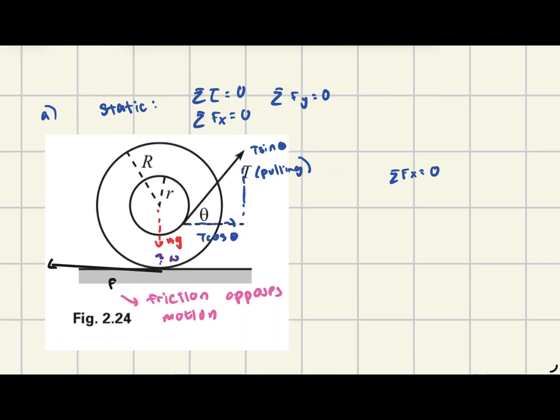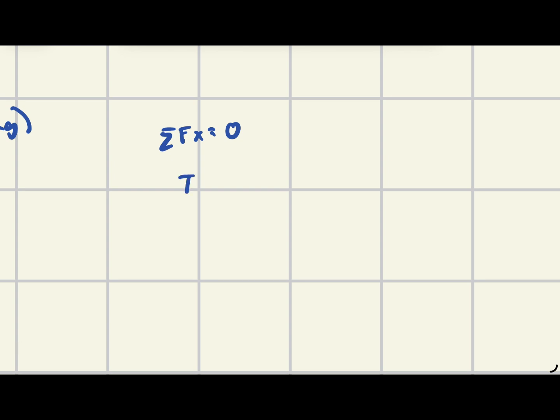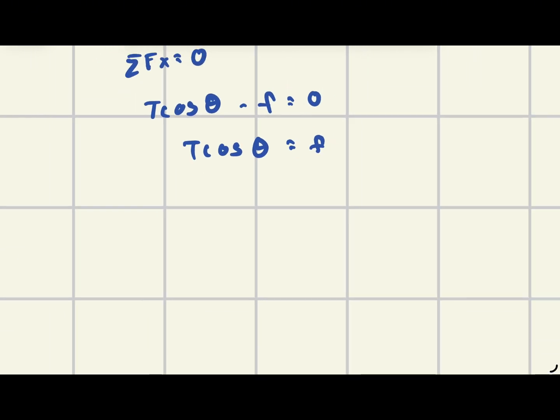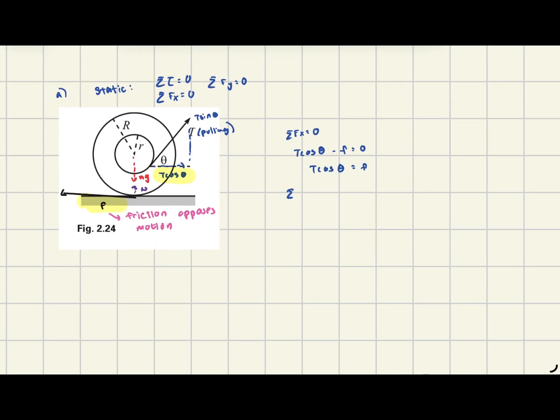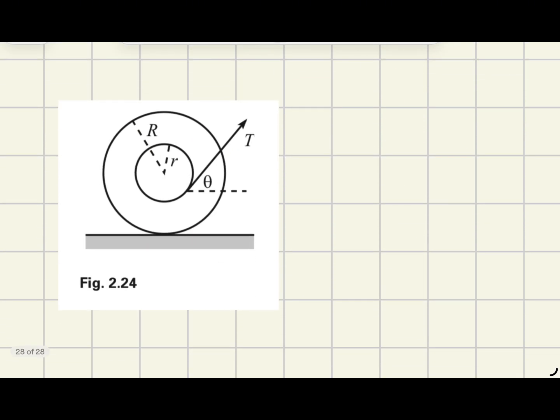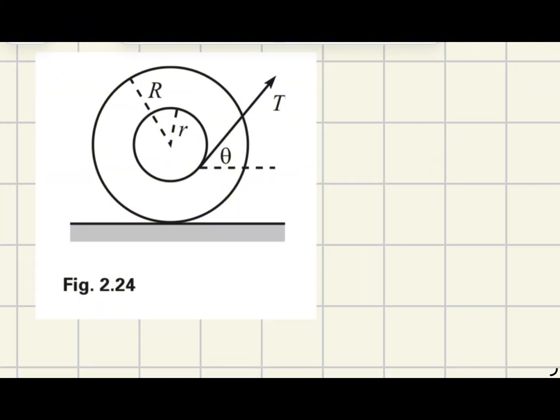So we're going to start with the net Fx is equal to 0. We have two forces that have to balance each other. T cosine theta minus f is equal to 0, and then we have T cosine theta is equal to f. So now we're going to look at the net tau of the system, which has to equal 0, and we're going to start from a clean slate. We're going to use that the axis of rotation is in the center so that we'll only have two forces, the tension and the friction, and both of them have a 90-degree angle.